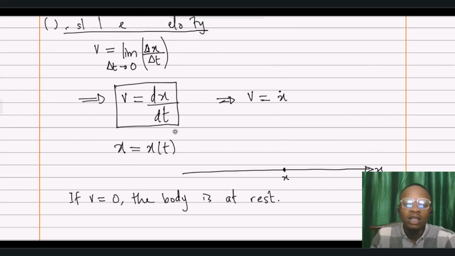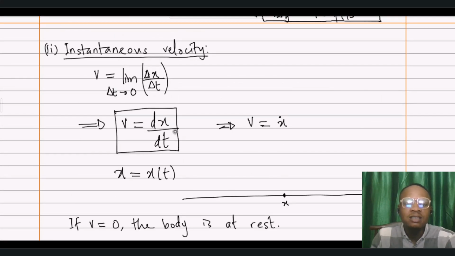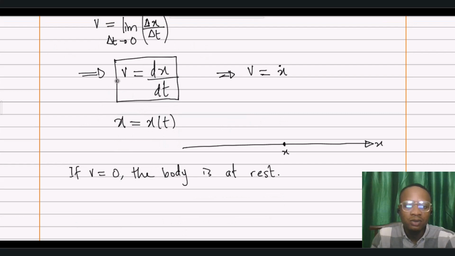Another thing is this. Let's consider what happens if v is positive. If v is positive, that means the rate at which x is changing is positive. So if something is changing at a positive rate, it is increasing. So if v is positive, the position coordinate is increasing. How would that happen?